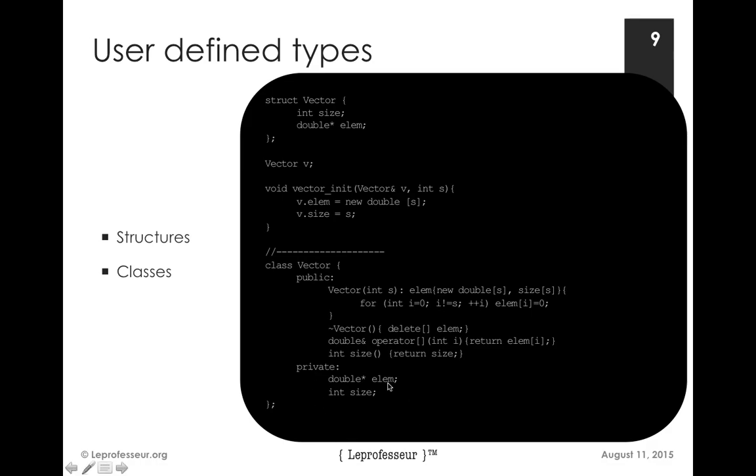So what I have here is elem, which is pointing to an object of type double. And then I have another variable of type integer, which tells me the size of this element array. Isn't it interesting?